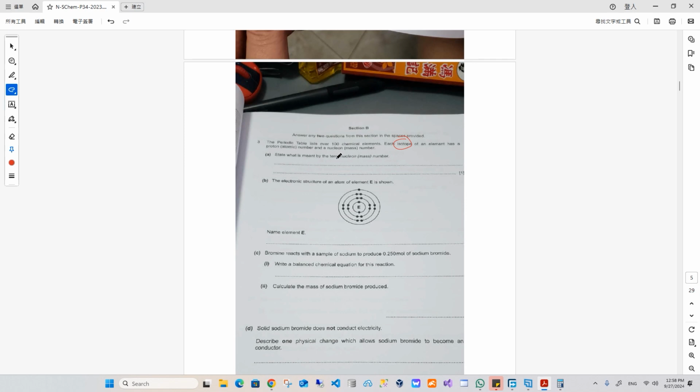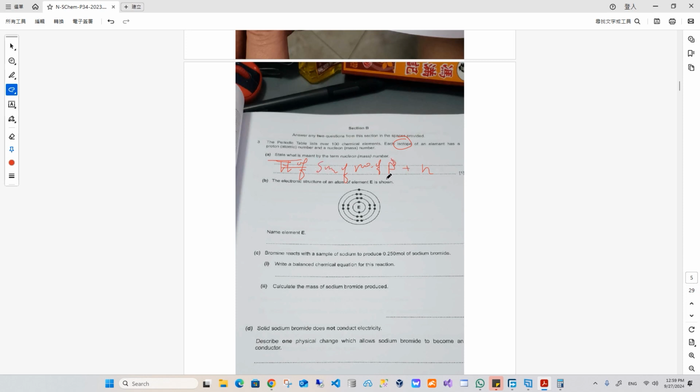State what is meant by the term nucleon number or mass number. Nucleon number is the sum of the number of protons and neutrons. So the number of protons and neutrons added together is the nucleon number, or the mass number.